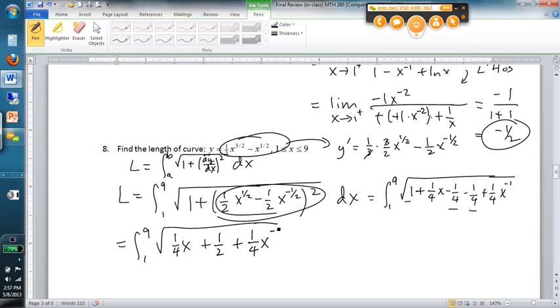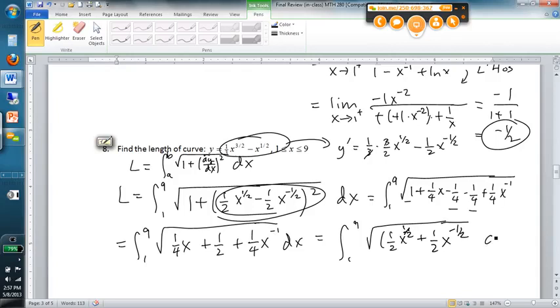Yeah, that turns into another perfect square. Turns out it's 1/2 x to the 1/2 plus 1/2 x to the minus 1/2, squared.